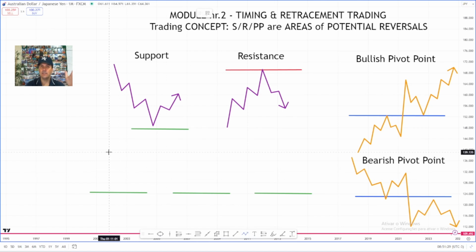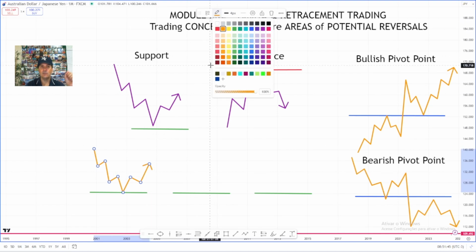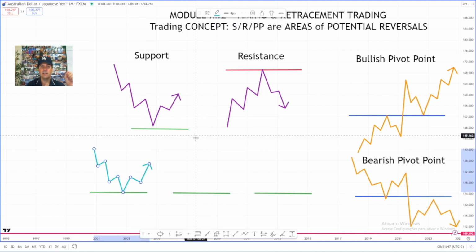The first one is the book example. The market is going to make lower lows, lower highs, lower lows, lower highs, touch the line, but the line is an area, never forget, touch the line and then react.